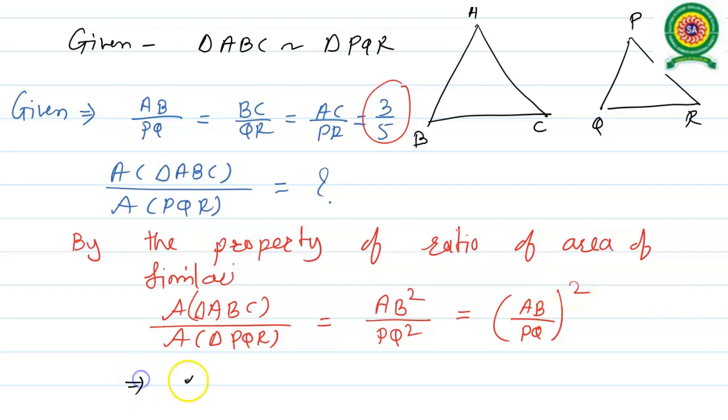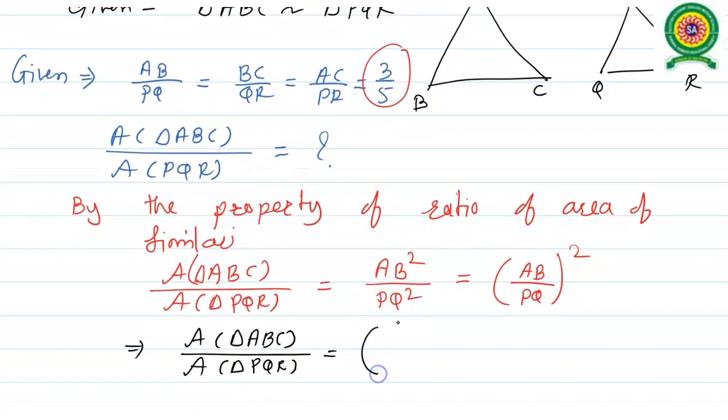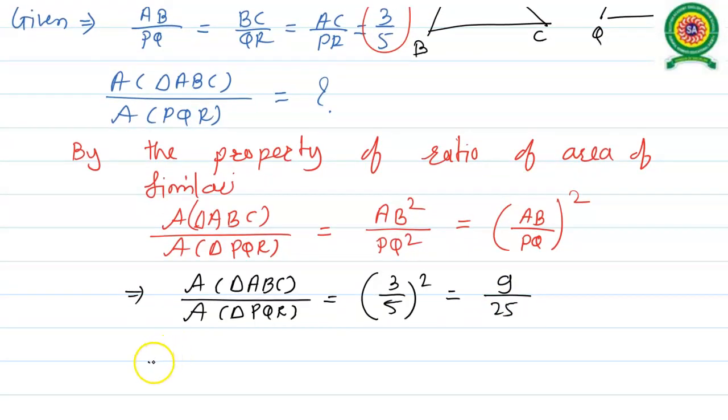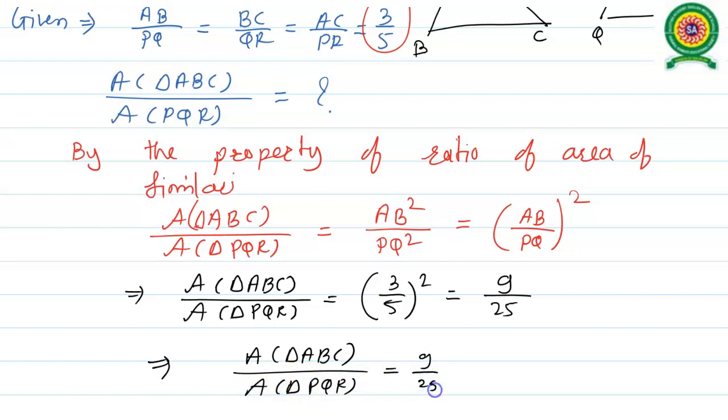That implies area of triangle ABC divided by area of triangle PQR equals 3 divided by 5 the whole square. So 3 square becomes 9 and 5 square becomes 25. Here we are getting the ratio of area of triangle ABC and triangle PQR equals 9 divided by 25.